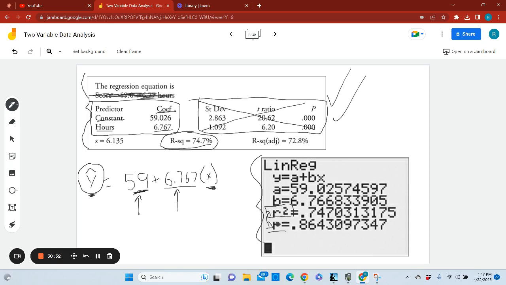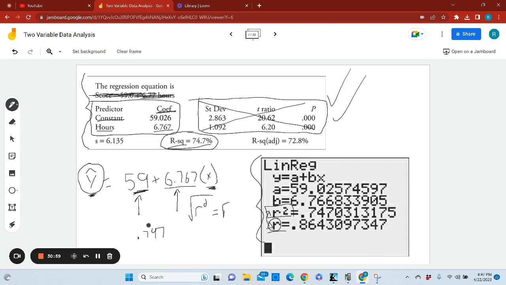R squared really is this number r to the second power. So if they give you an r squared of 74.7, or I have to turn that into a decimal if I want to work with it, 0.747. If this is my r squared and I want r, well, the square root of r squared is equal to r, right?